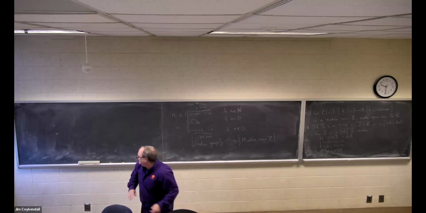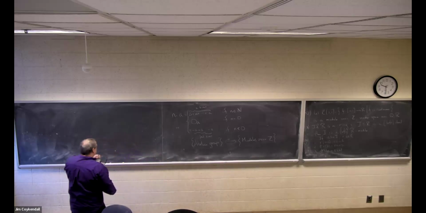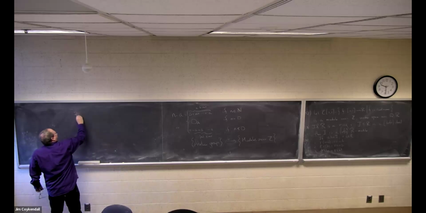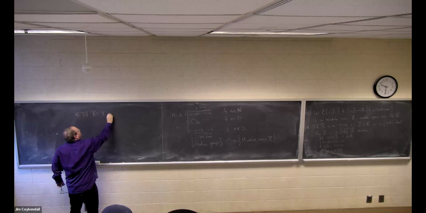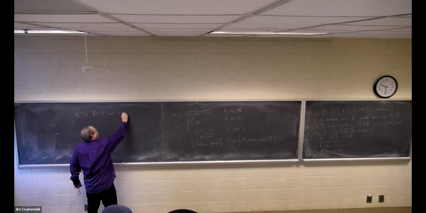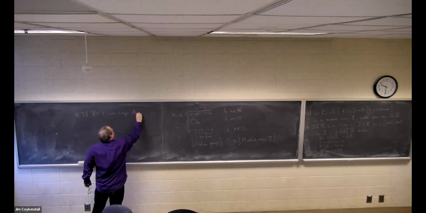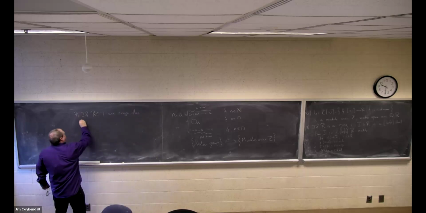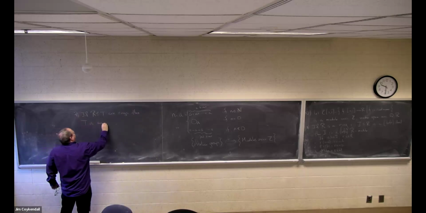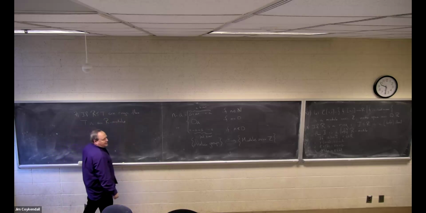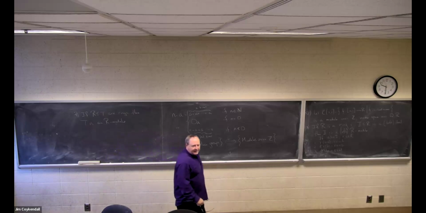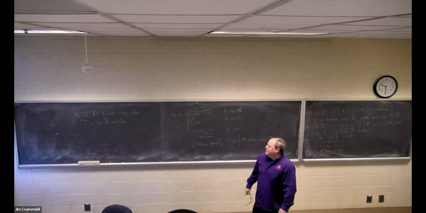Yeah, so this one, whatever number I'm up to, 4. If R inside T are rings, then T is an R module. And if they're not commutative rings, you can throw in left.